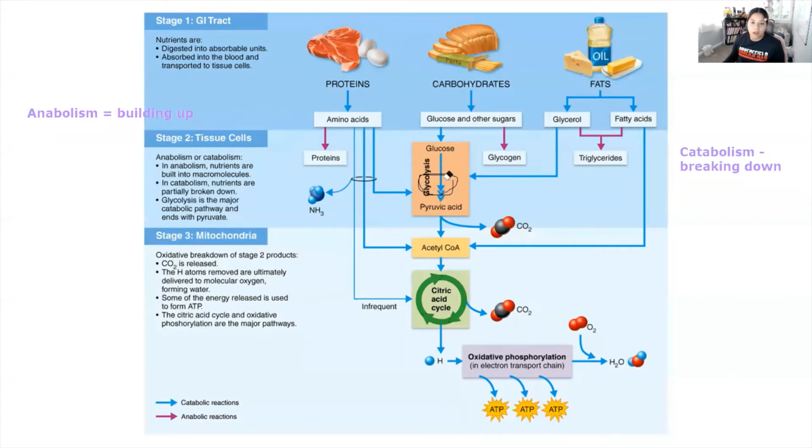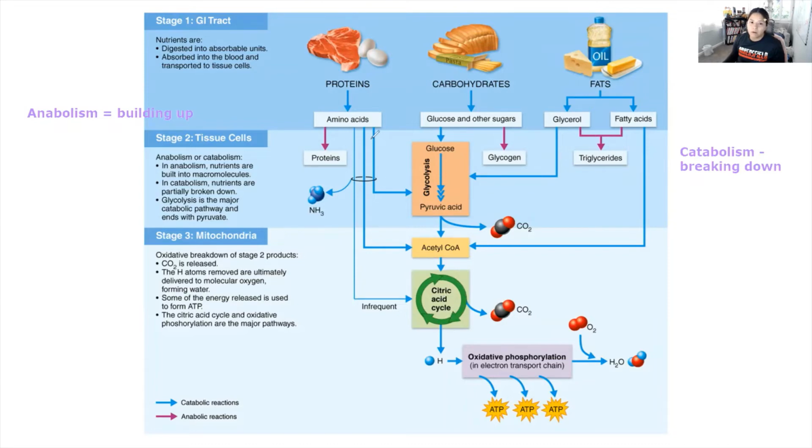We can use amino acids to make acetyl-CoA, which we'll talk about later, which actually enters our citric acid cycle, or the Krebs cycle, which was mentioned in our muscles lecture for Bio32. And then more infrequently, we can use amino acids as intermediates in the citric acid cycle itself.